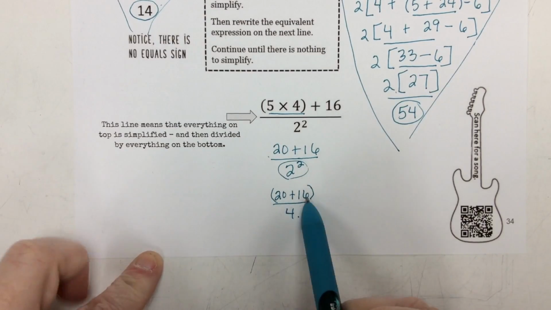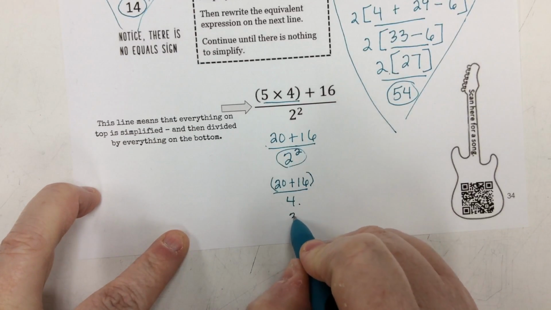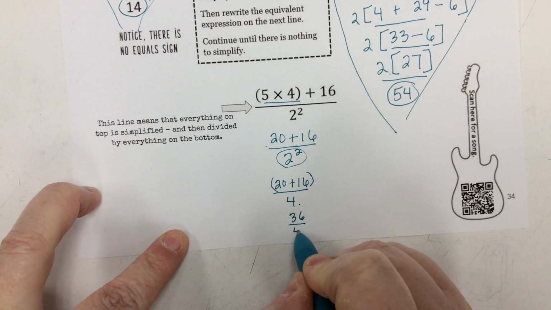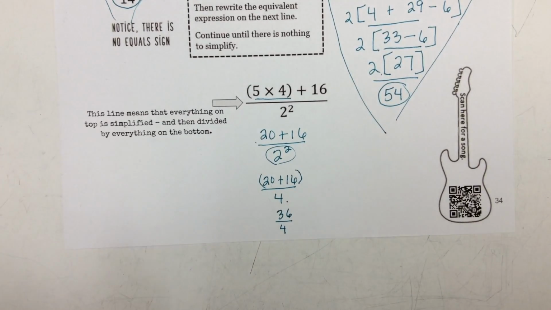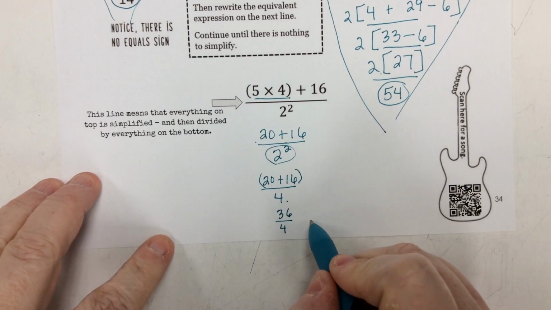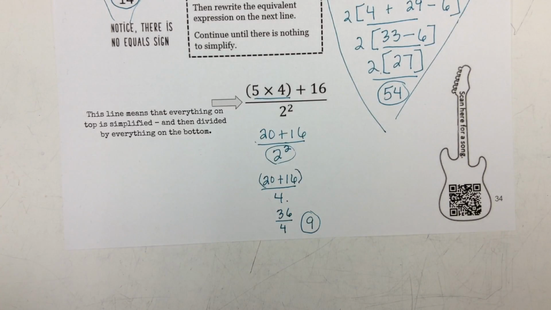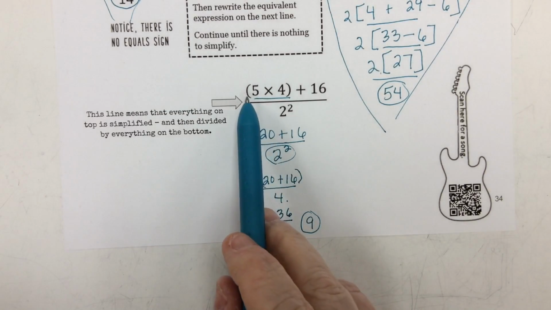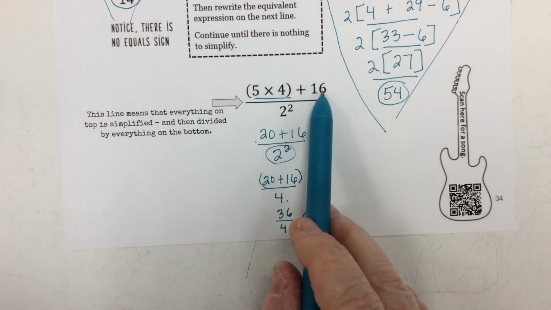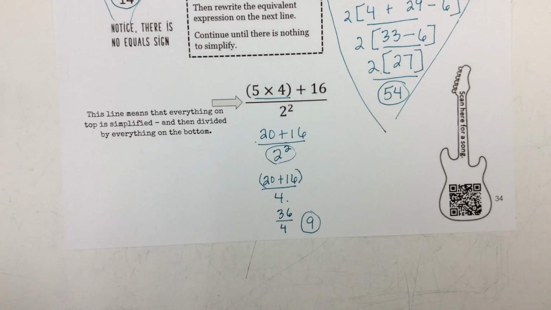So 20 plus 16 then is going to be 36 divided by 4. And 36 divided by 4 is going to be 9. I ran out of room there, sorry. Another type of grouping is when you have one number or a big expression on top of a fraction, because that's another way of grouping it. You have to solve all of that first.